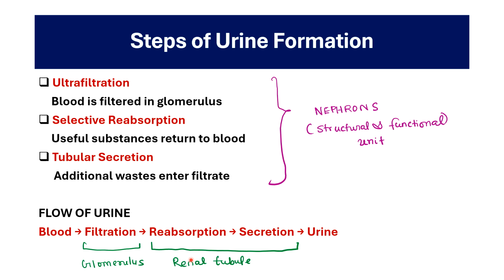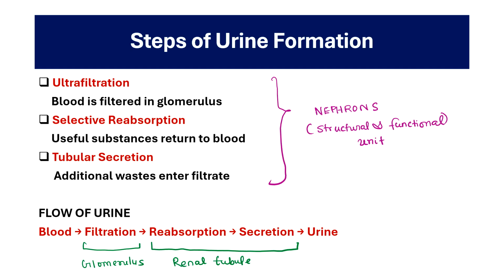Useful substances that are present in the filtrate are returned to the blood and this is known as tubular reabsorption. The third step is tubular secretion. Additional waste that are present in the blood are given back to the filtrate and this is known as tubular secretion. Now this reabsorption and secretion take place in the renal tubule.